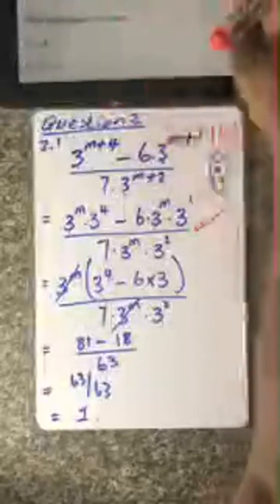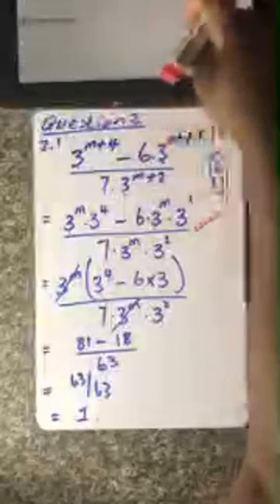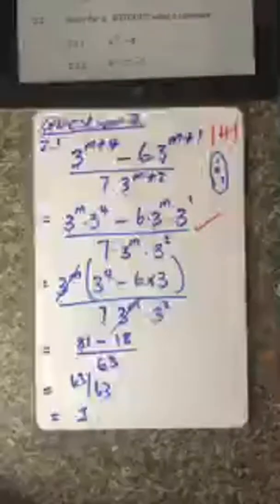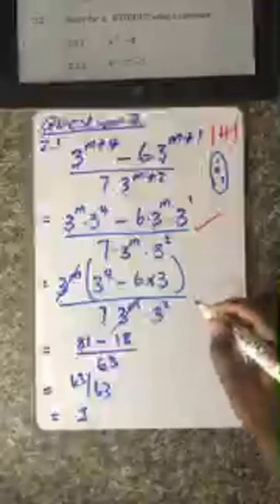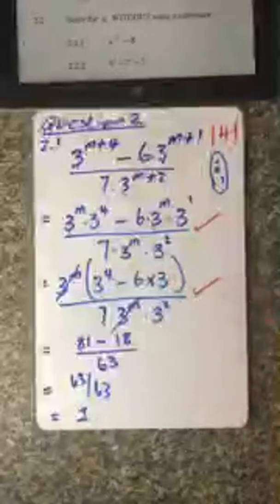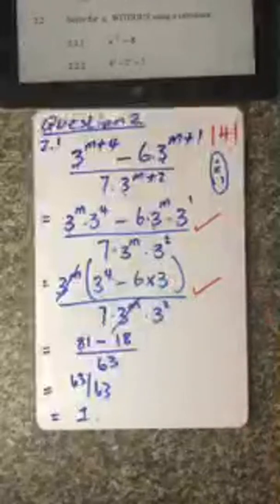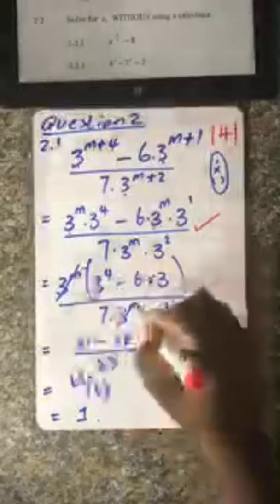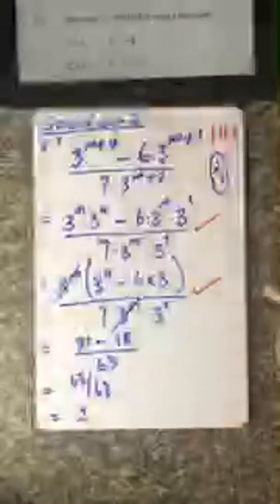So let me just check this question. Yeah, this question is allocated 4 marks, and I do believe that it's worth 4 marks. So let's see. Also on this step, guys, you deserve a mark. We can give you a mark for that step.